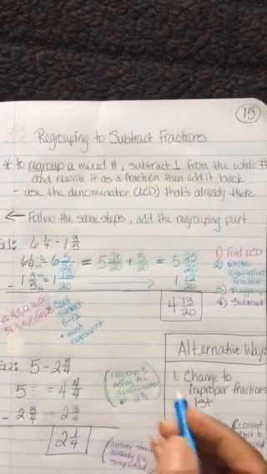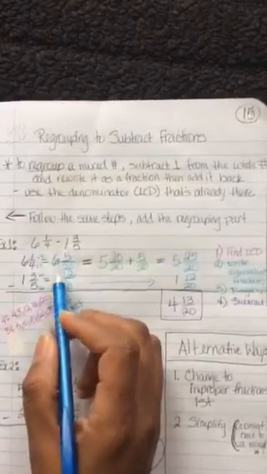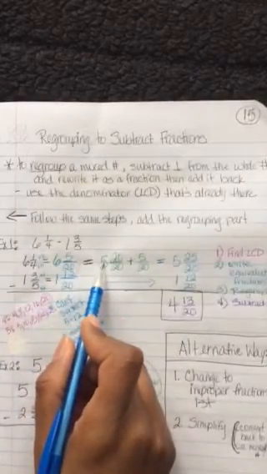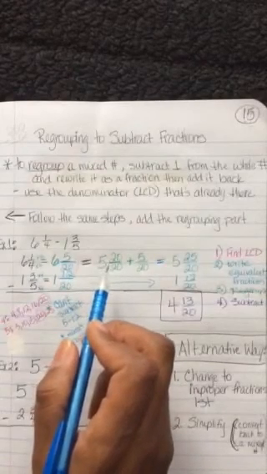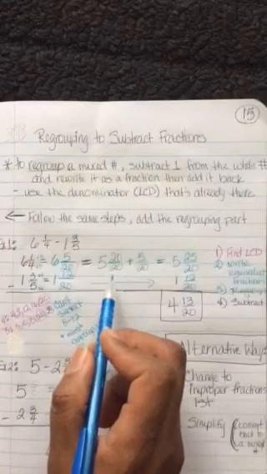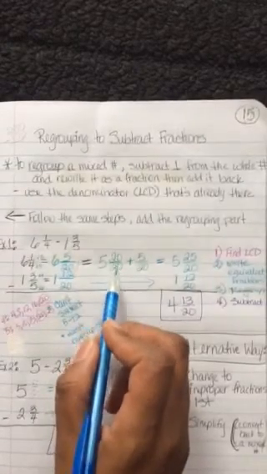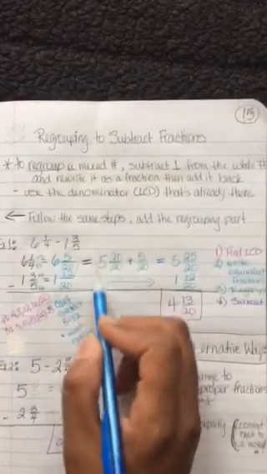So when I regroup, this 6, we're going to take 1 away from it, which is where the 5 comes from. Now I want this to still equal 6 altogether, so I need to add that 1 back as a fraction. This 20 over 20 equals 1. So technically all of this is still 6.